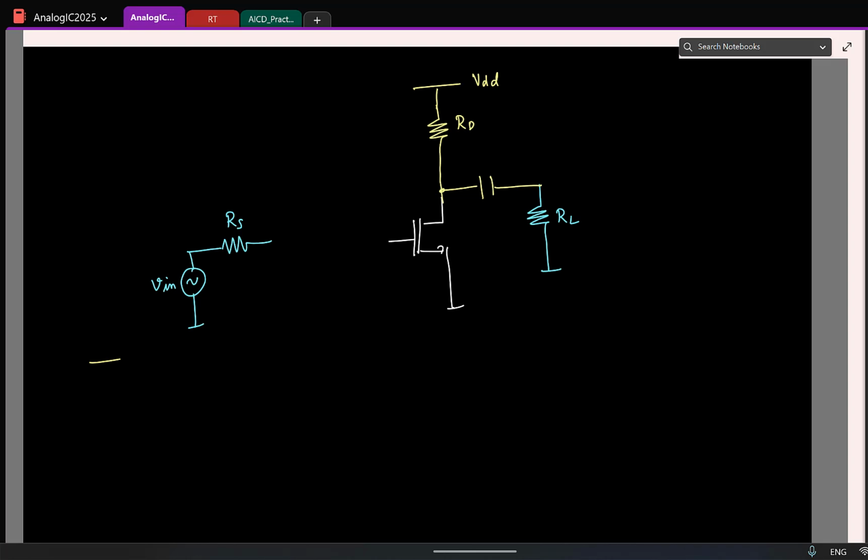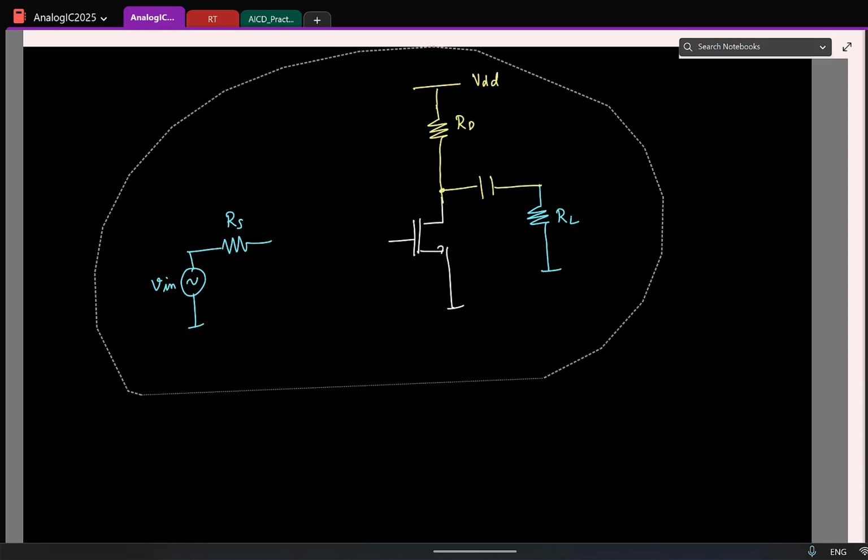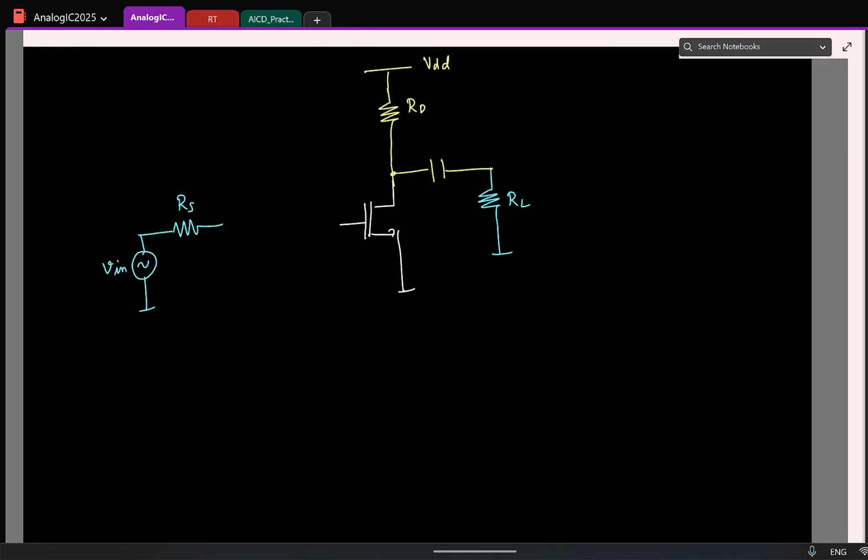Maybe I'll make some space and draw. If I keep this to be some reference current, the gate voltage will get set to a value so that the drain current is IREF.